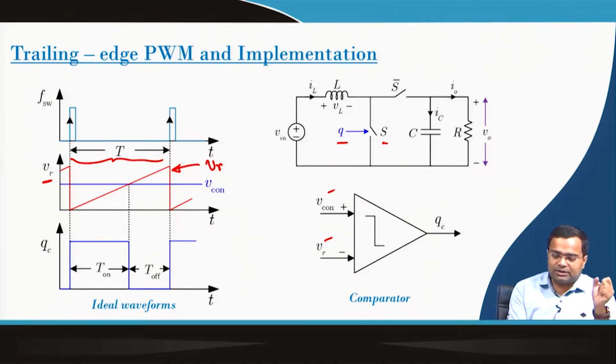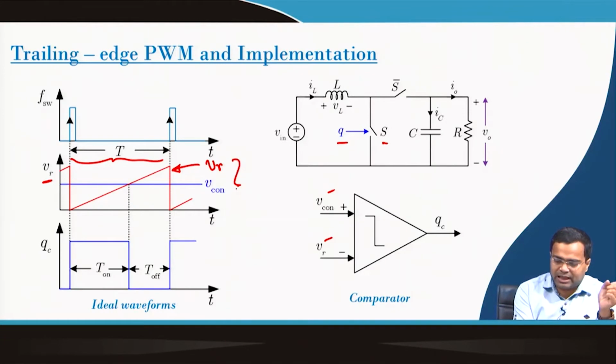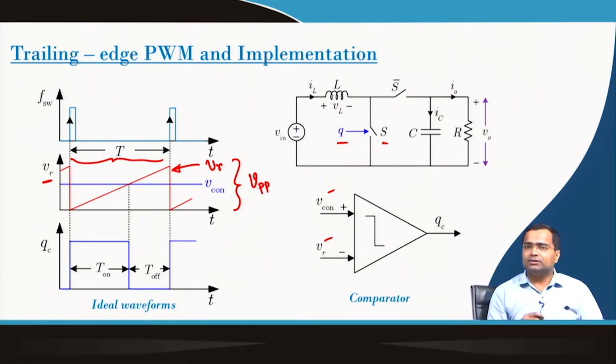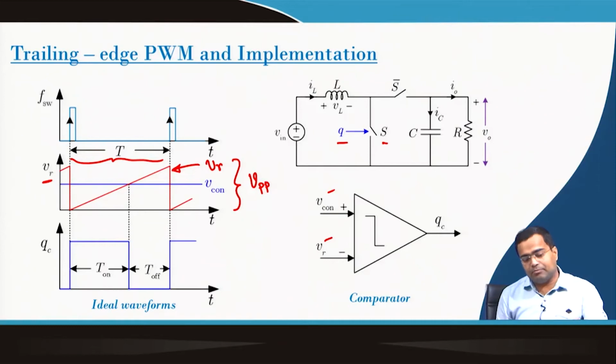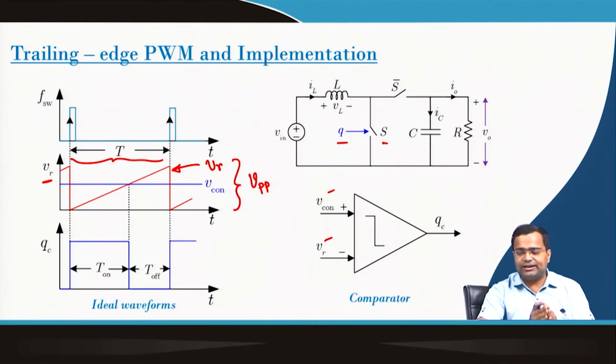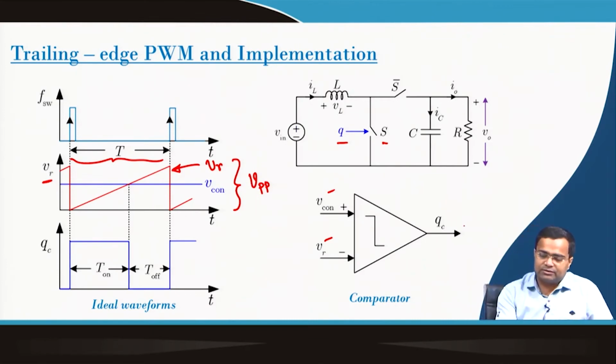This VR will have an upper voltage, or you can say a peak to peak voltage limit, and if we change it without changing the slope, then the time period will also change. With this sawtooth waveform, if we compare a control voltage, then we can generate QC, the comparator output.